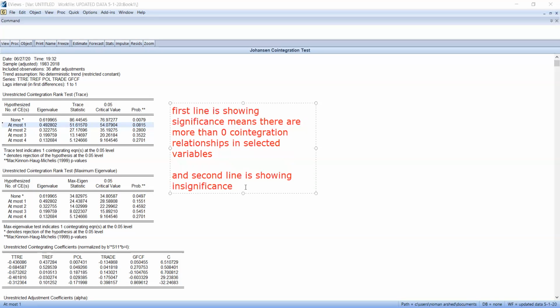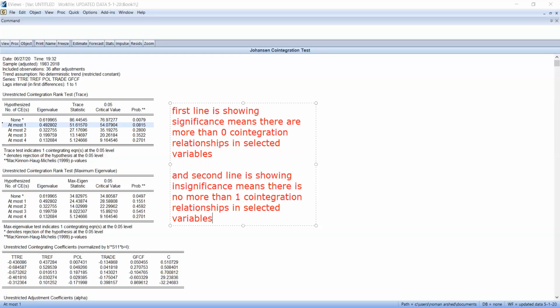And the second line is insignificant, meaning there is no more than one cointegration relationship in the selected variables.